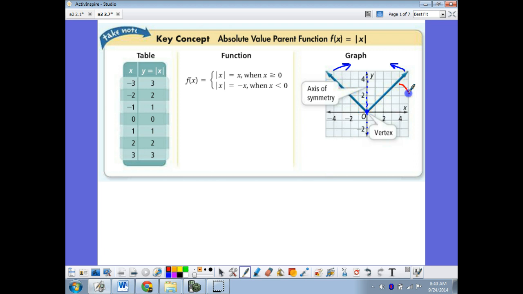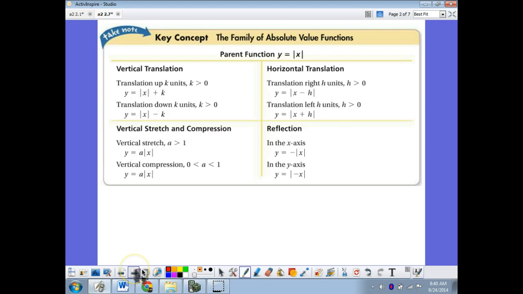Or we're going to bring them farther apart from each other. That would be a vertical compression. So those are different things that we are going to do. Sometimes we're even going to flip it so it turns upside down. And that's another transformation that we can do to this.